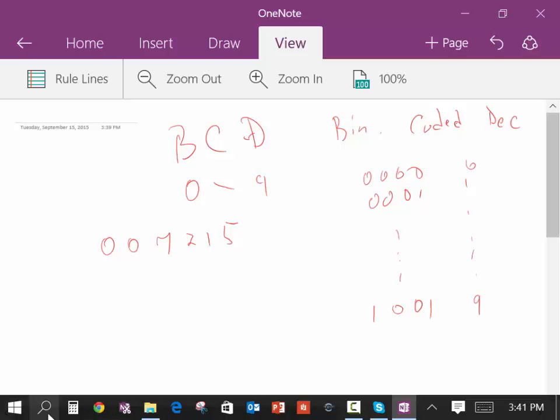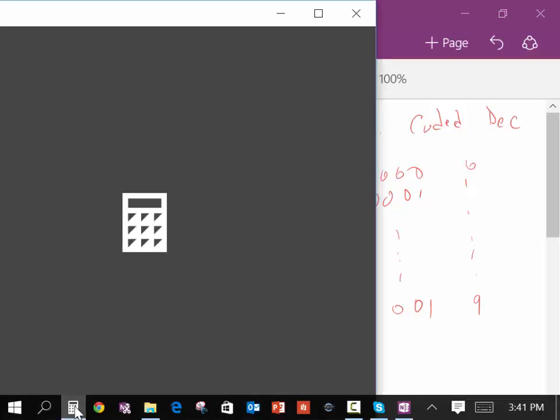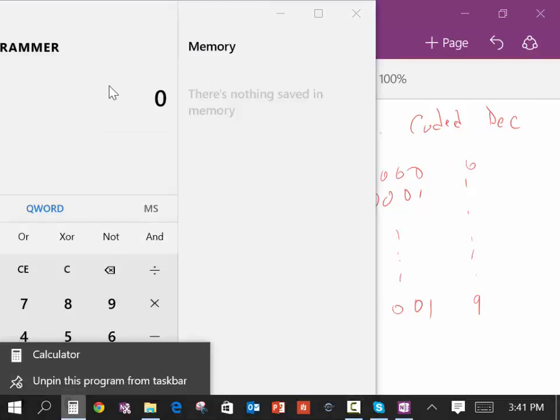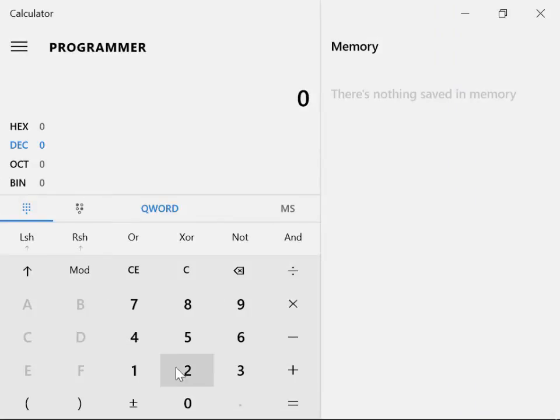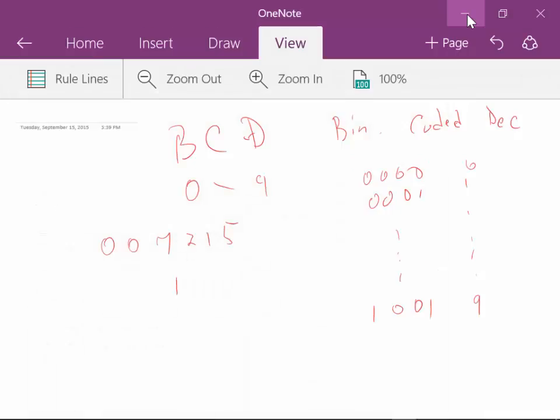Now, inside the computer in that car, what did I say? 7215, right? 1C2F. What if I didn't convert that to binary coded decimal and I displayed 1C2F? What does that mean to me?